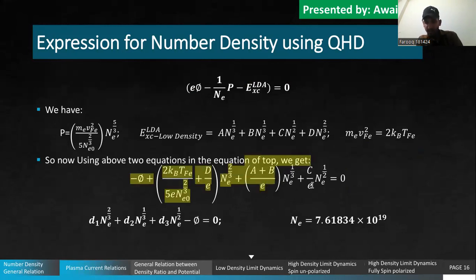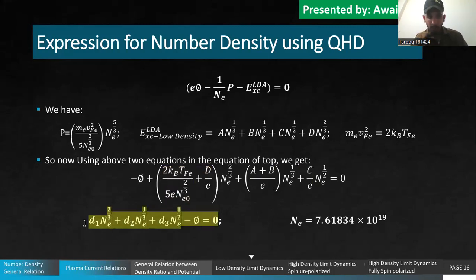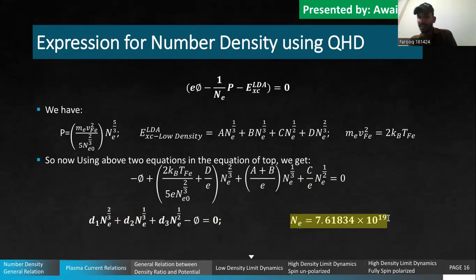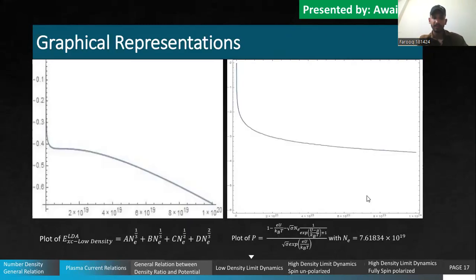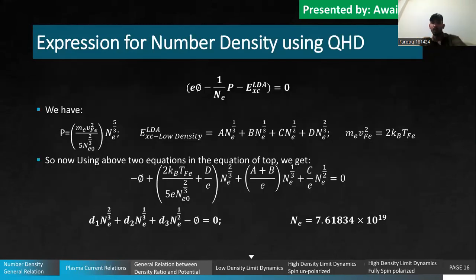Again, for simplifying, not for any other reason, we let C by E equal to D3, we let this equal to D2, and we let this whole constant factor equal to D1, and the simplified form for the number density comes here. We solve this equation in Mathematica and get the number density equal to 7.6 to the power minus 90, by solving this equation. Now, what happened?